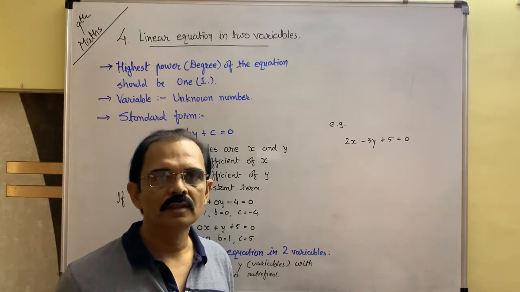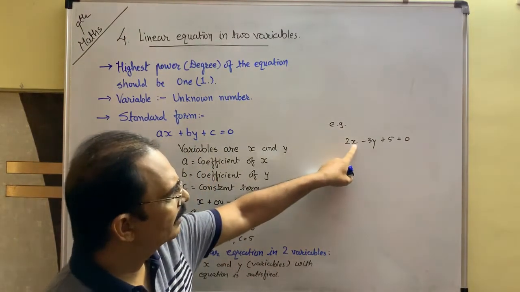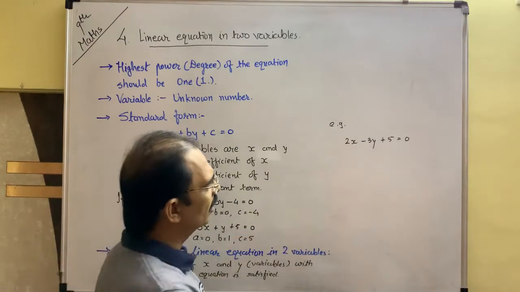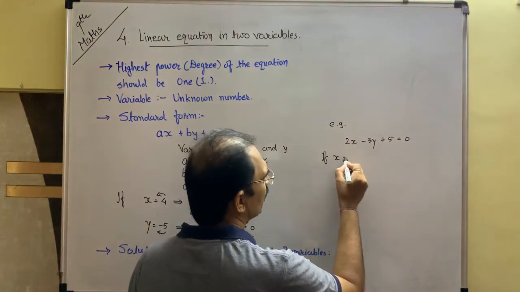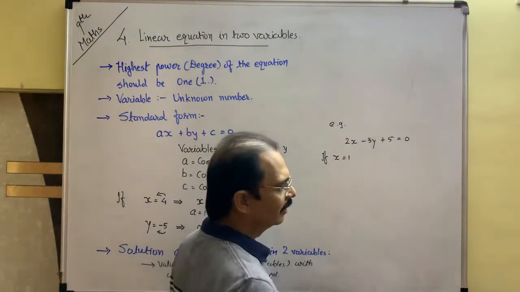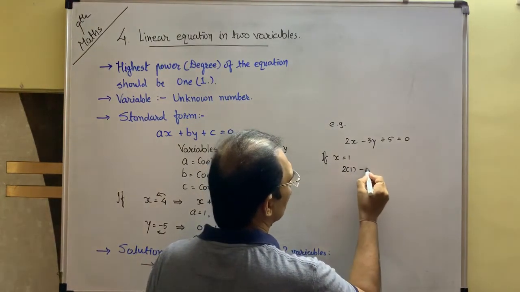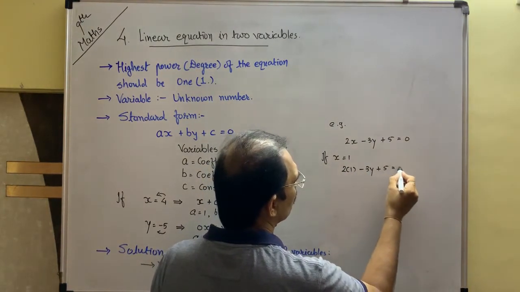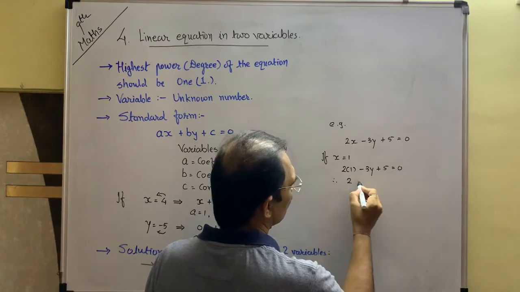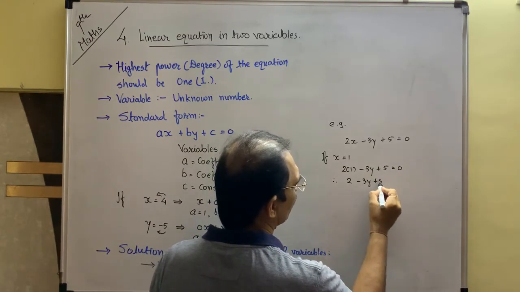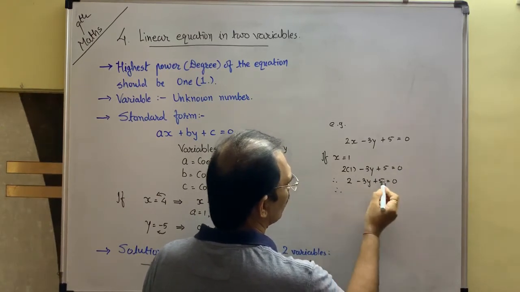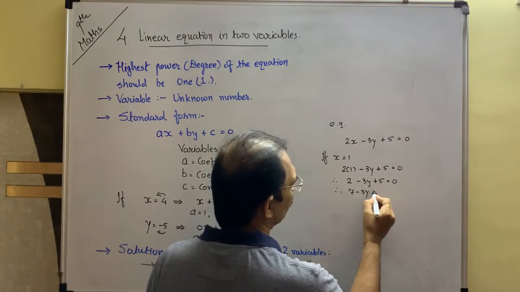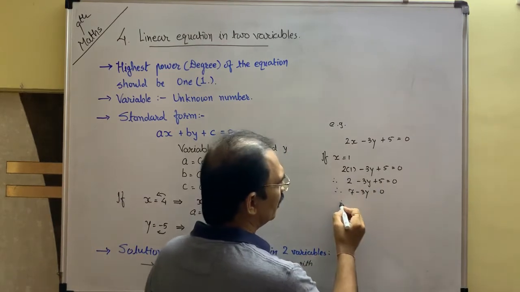It means, suppose you take x equals 1, randomly. Then 2 into 1 minus 3y plus 5 equals 0. So 2 ones are 2, minus 3y plus 5 equals 0. 2 plus 5, 7, minus 3y equals 0.